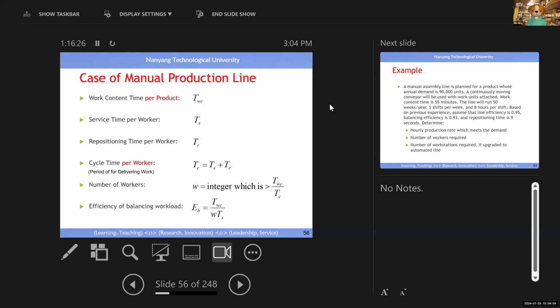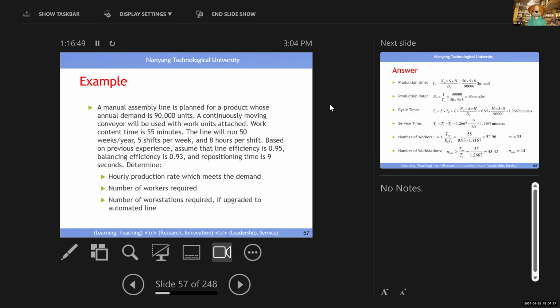But this also, as a manager, is another indicator to see whether you have maximized the use of a worker or not. If this is very low, not close to 100%, that means your workers actually have a lot of rest time. They finish the work, then spend a lot of time just doing nothing, right? Yeah, okay. So it's good for you to know the thinking of a manager, thinking of a CEO.